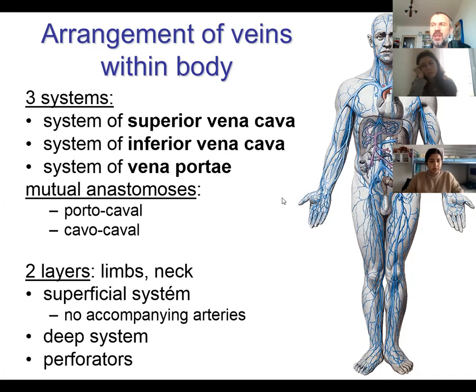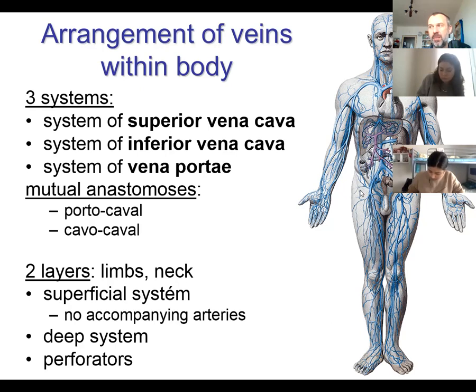And then we have a system of portal vein, which drains the unpaired abdominal organs, which means all the organs of the digestive tube, plus its glands, liver, pancreas, and don't forget spleen. And it drains then into the terminal segment of the inferior vena cava.